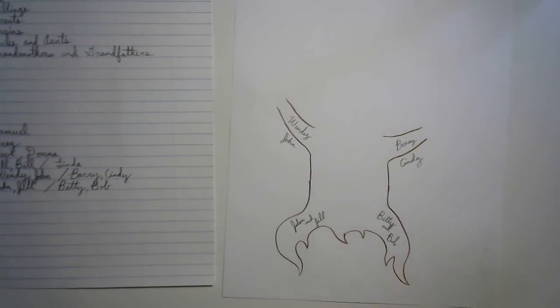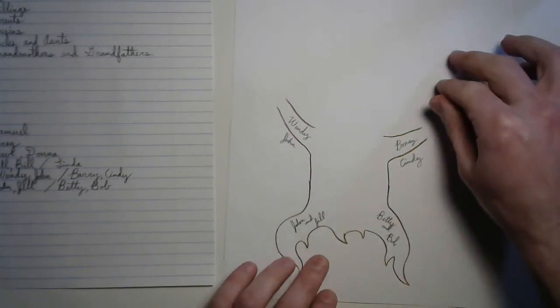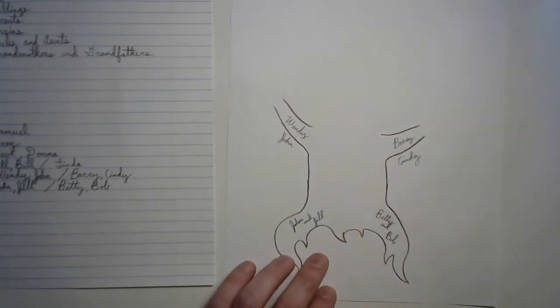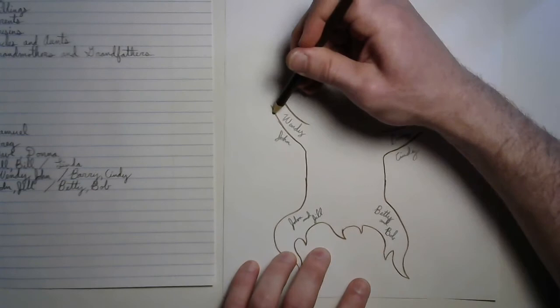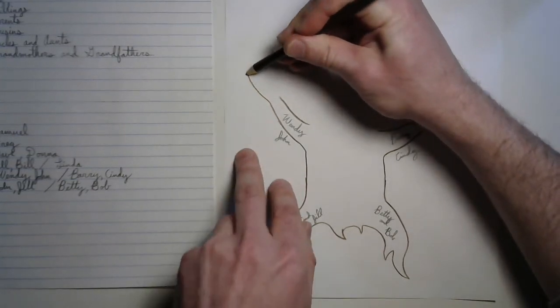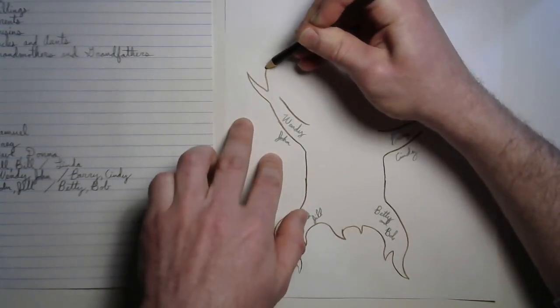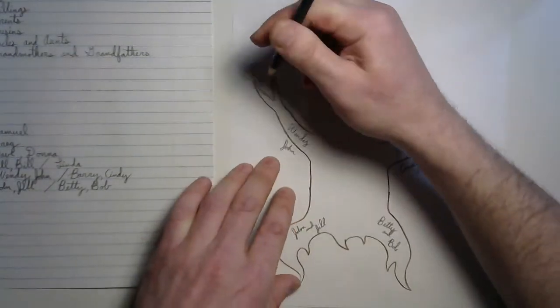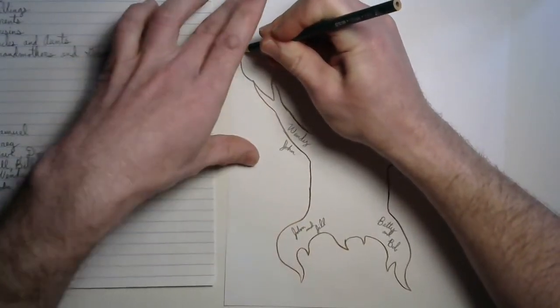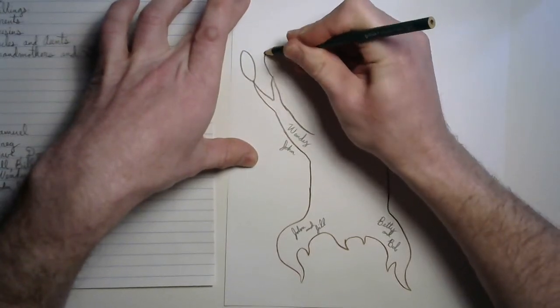Now, I also mentioned I have some cousins, and that's Jill and Bill under Wendy and John, and Linda for Barry and Cindy. For Wendy and John, with the two cousins, I'm going to extend this branch to 2 points. And on each of those points, I'm going to draw a nice big leaf, because I've got to fit some names in those leaves.